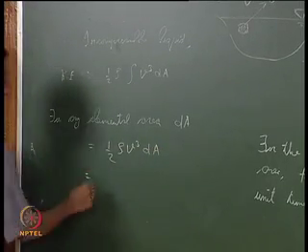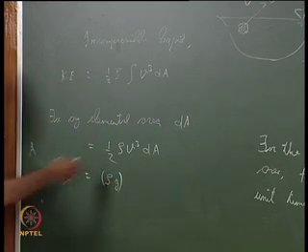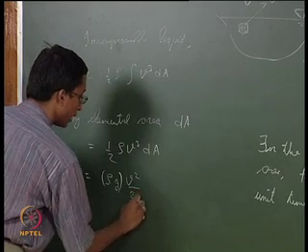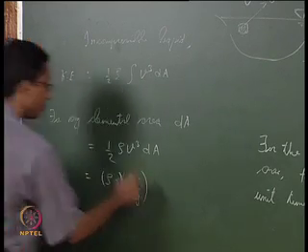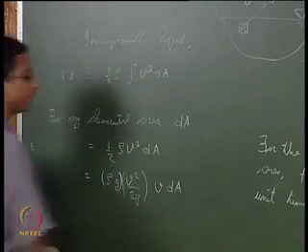This term I can rearrange for our convenience, say rho g into v squared by 2g, right, into v dA.